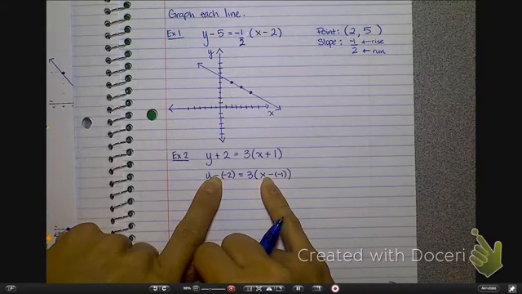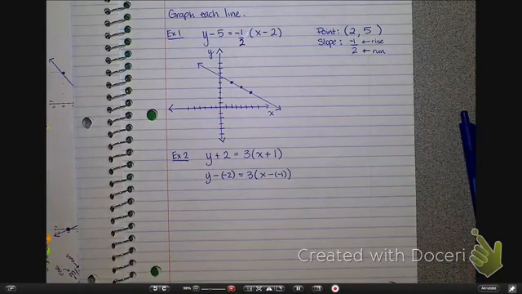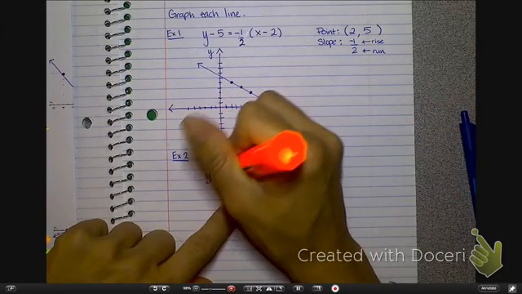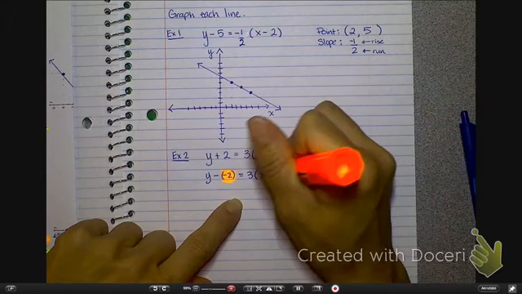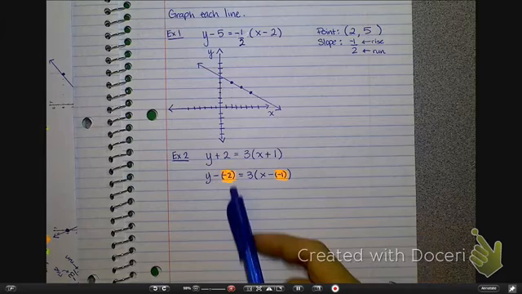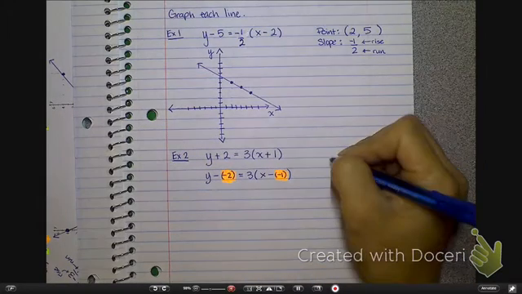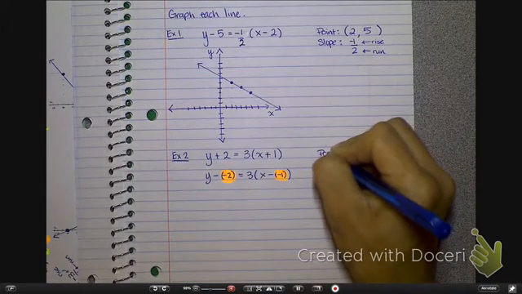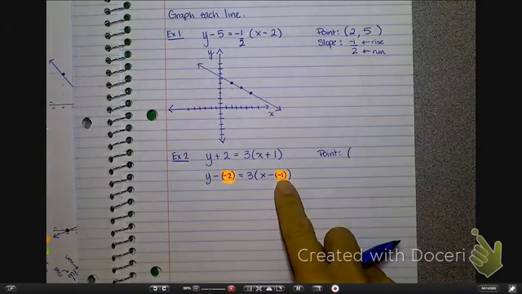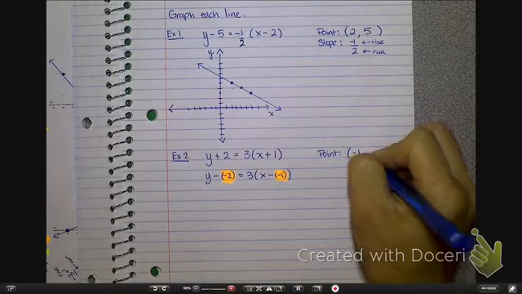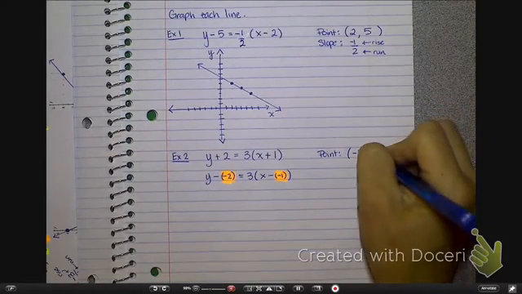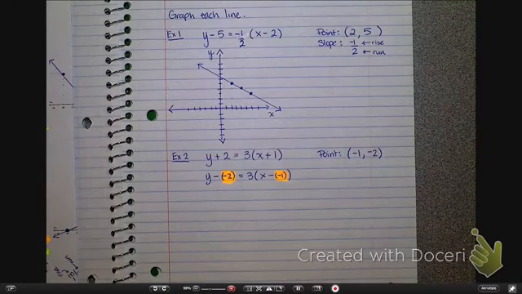Now that I have that, let's look at what number is in that y1 spot and that x1 spot. So what number is there now? -2 and -1. So when we write down our point, we're going to write down that x1 is -1 and y1 is -2. Does that make sense how we got that?